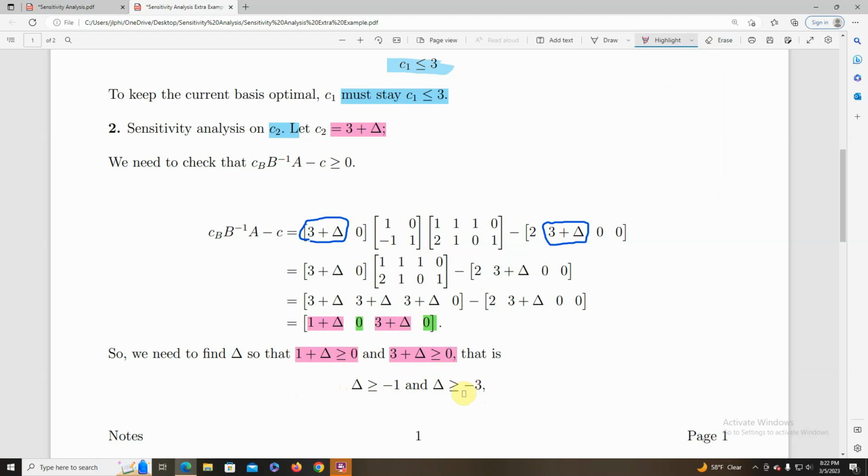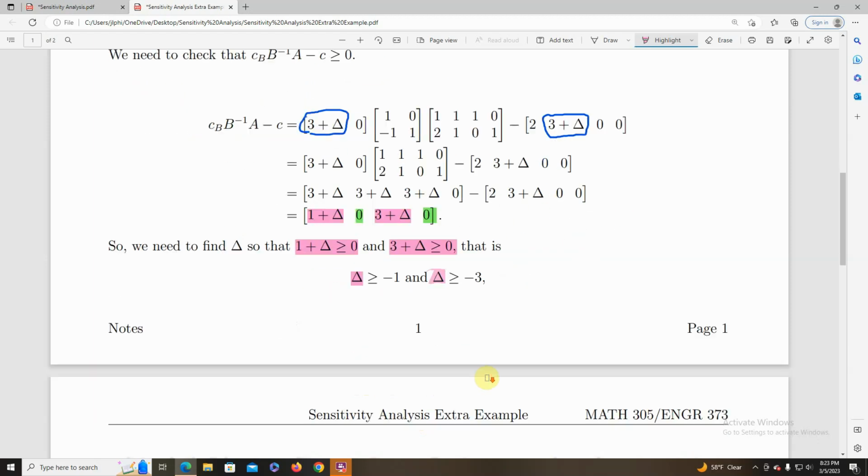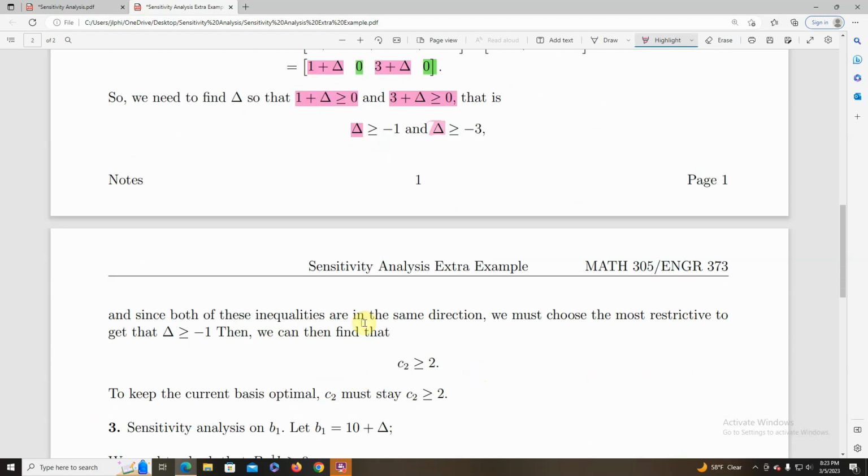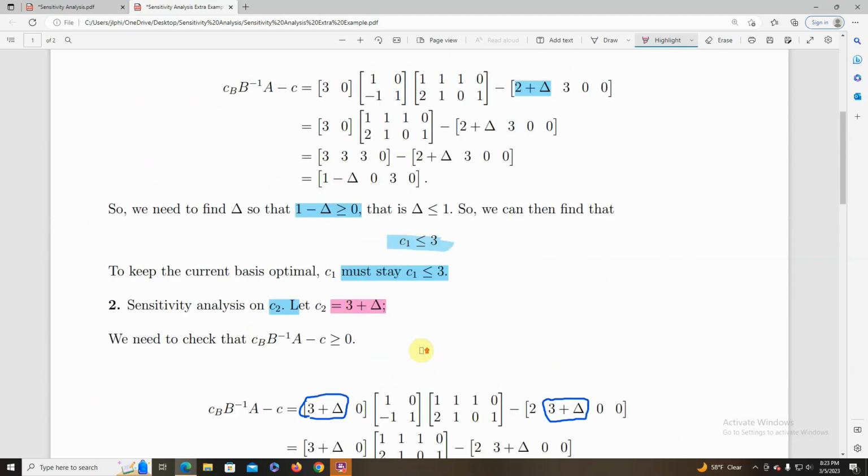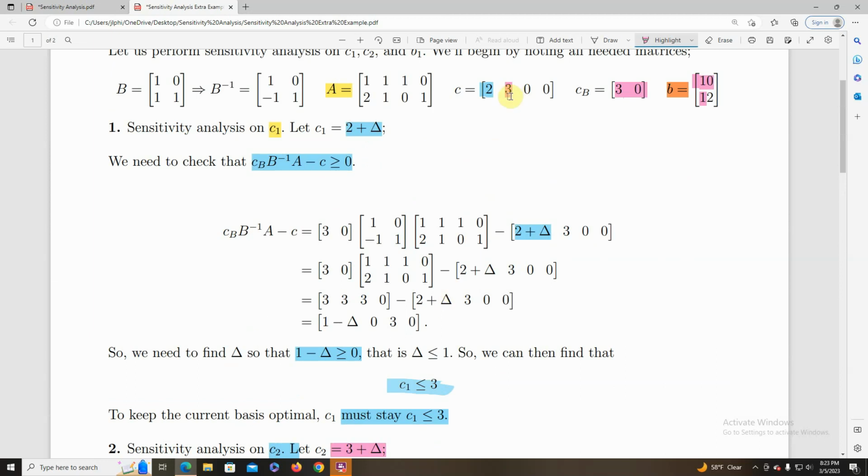One of these is redundant, since they are facing the same way. These inequalities are both greater than or equal to inequalities. One of these is a little more strict than the other, and that's the one we'll take. The most restrictive one is delta greater than or equal to -1. So the cost of x2 was originally 3.